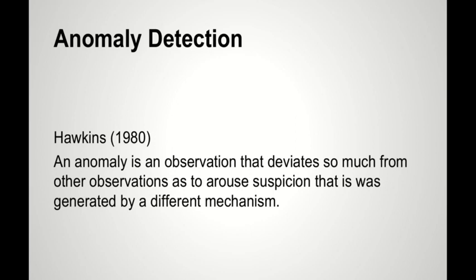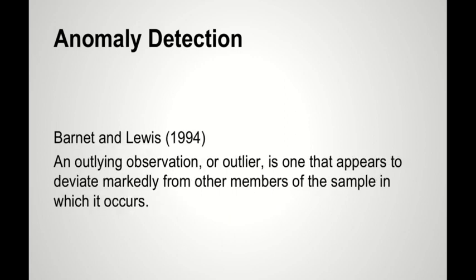Barnett and Lewis in 1994 said that an outlying observation, or outlier, or really an anomaly, is one that appears to deviate markedly from other members of the sample in which it occurs.